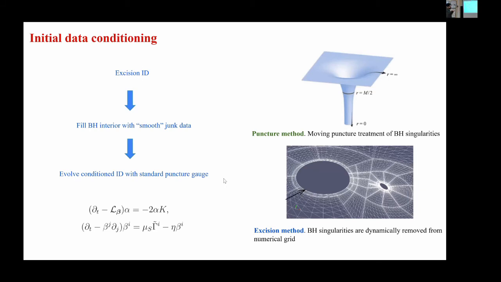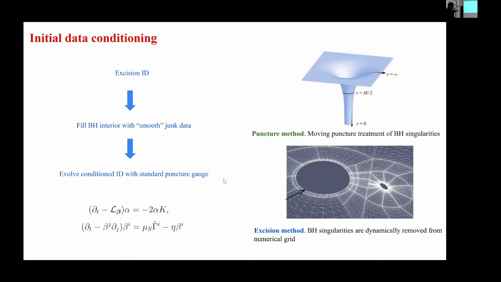Now, having this excision initial data, we want to evolve it using BAM. However, BAM and many codes like it do not employ this method of dynamically removing the numerical grid, which is pursued by other codes like SpEC.